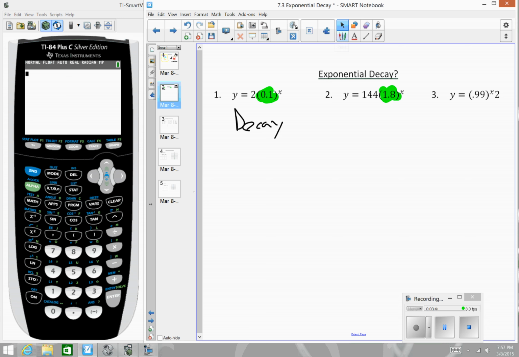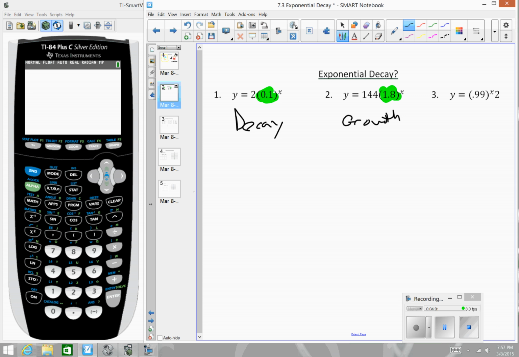So this would not be a decay model, but actually, what type of model is it? We talked about last section, and this would be a growth model.